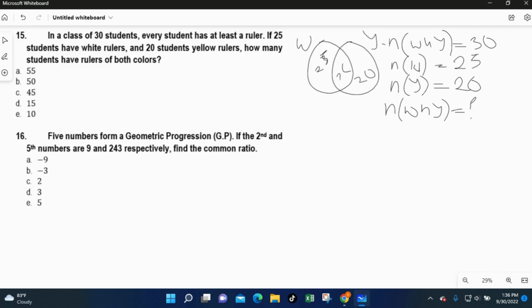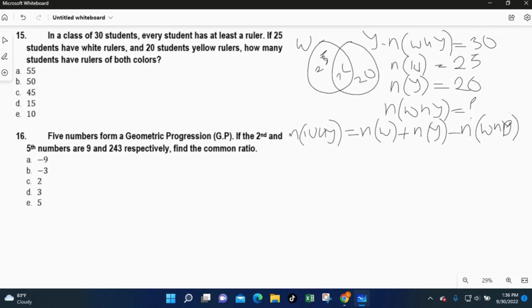When it comes to the addition and subtraction of sets, the number of elements in the union of W and Y will be equal to the number of elements in W plus the number of elements in Y, minus the number of elements in the intersection of W and Y. That is how it goes.